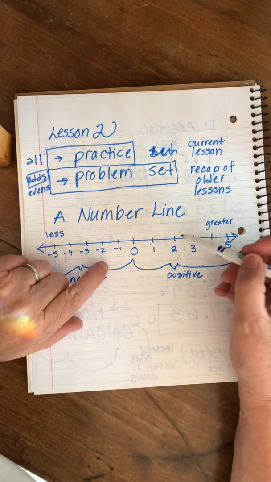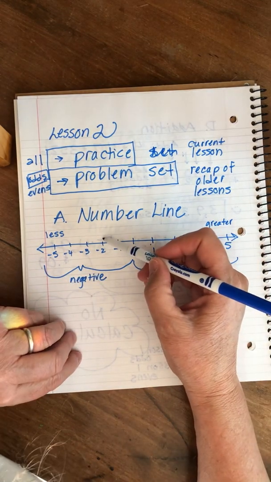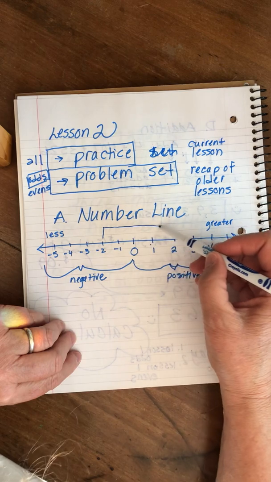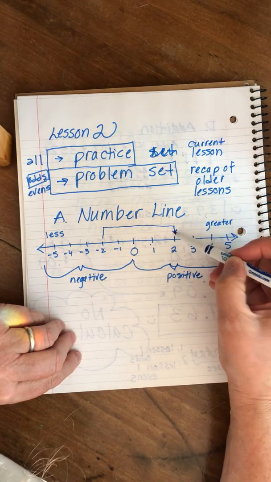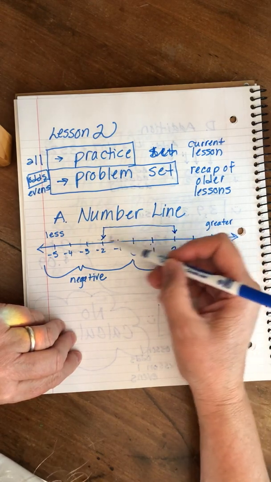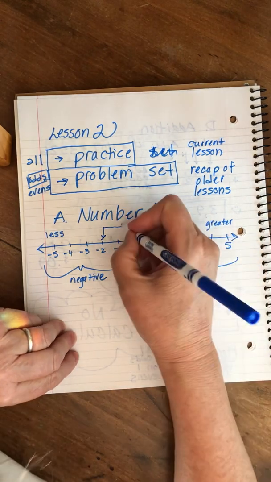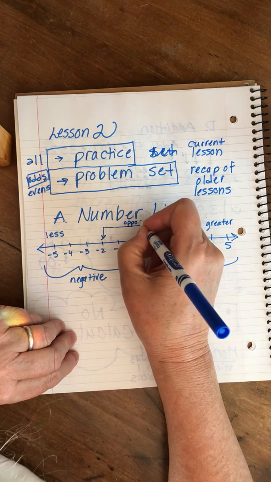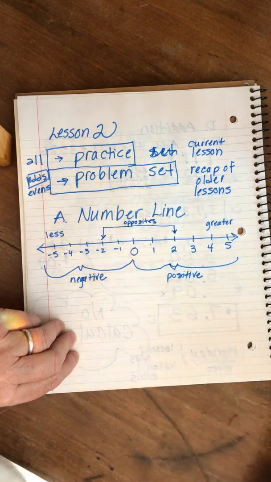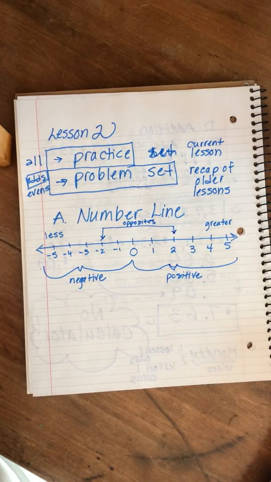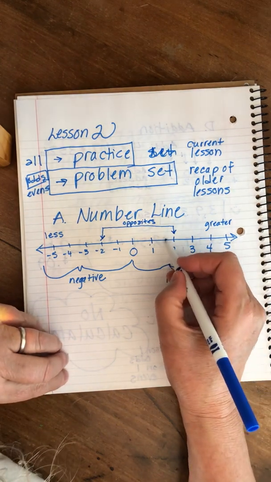We can also see a relationship between these numbers. We can see, for example, 2 and -2 are each 2 steps out from 0. We call those pairs of numbers opposites. Okay? Now, what's in these spaces in between?